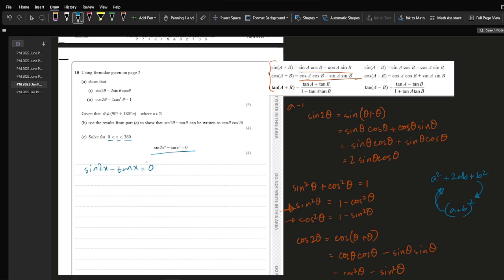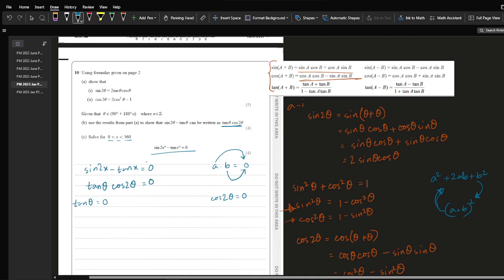We don't have to do any work because we have already done the work, which is this. So we can directly write tan theta cos 2 theta is equal to 0. As we know, when the product of two values is 0, either this is 0 or this is 0 or both of them are 0. So either tan theta is equal to 0 or cos 2 theta is equal to 0.